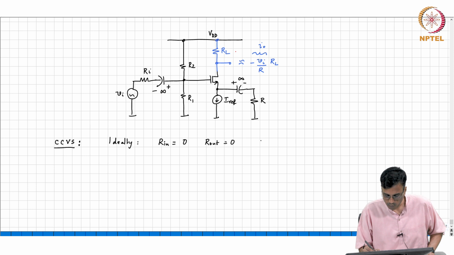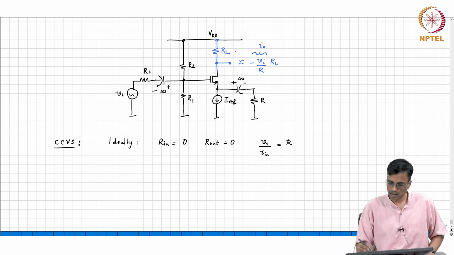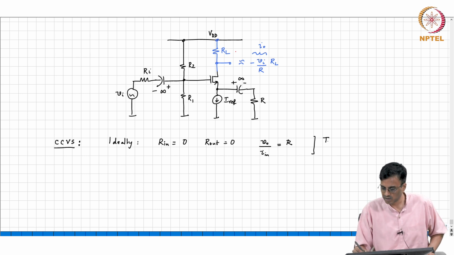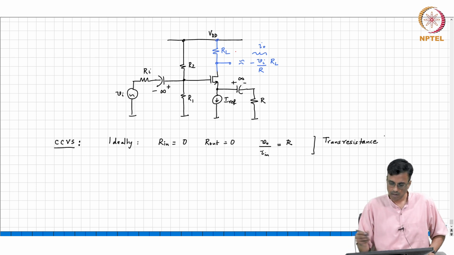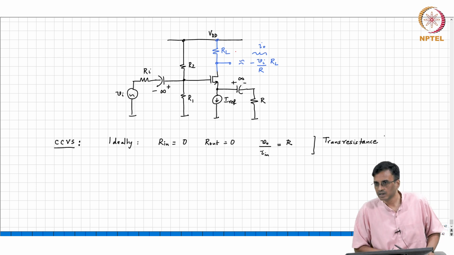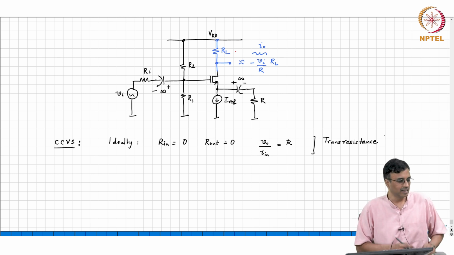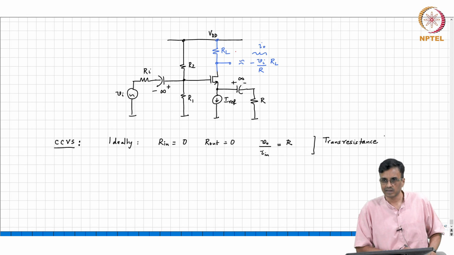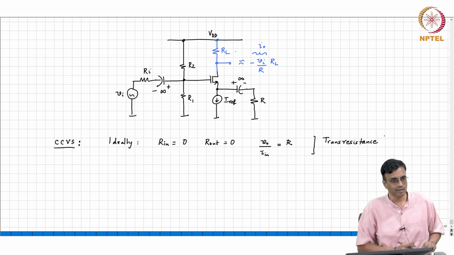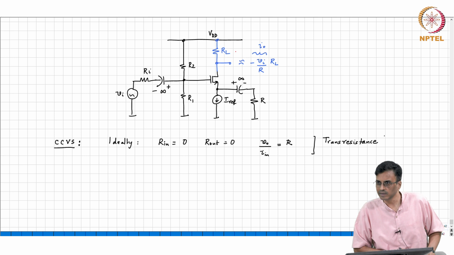Trans resistance. So, VO by I in must be some R, and this is also called either the trans resistance or the trans impedance, it does not matter. And why trans? Because voltage by current at the same port is basically resistance. Here voltage is somewhere, current is somewhere else. So, it is transfer resistance or trans resistance.